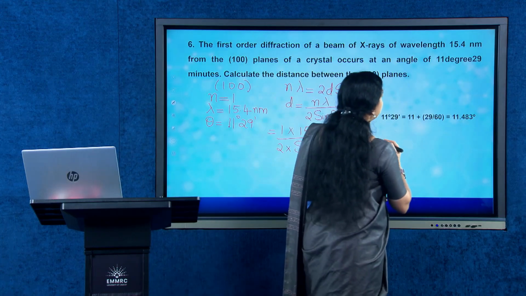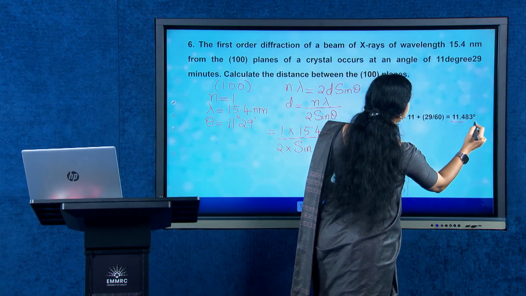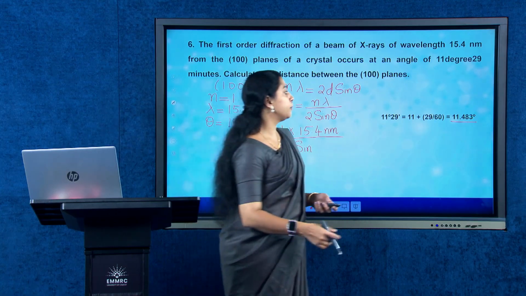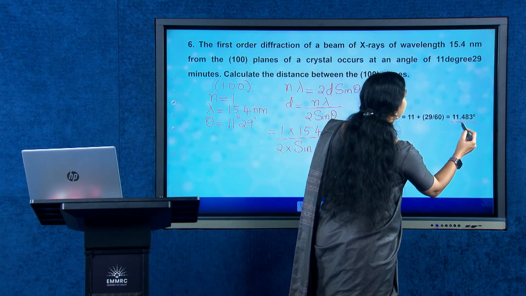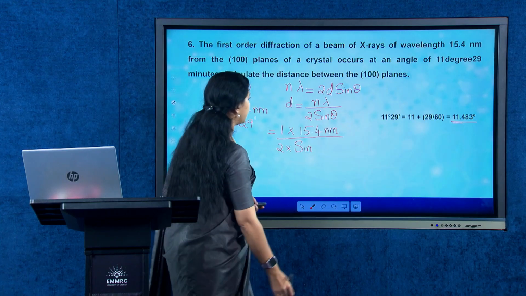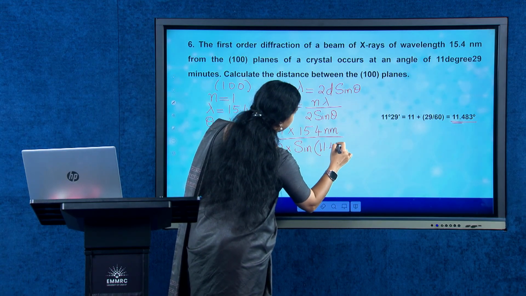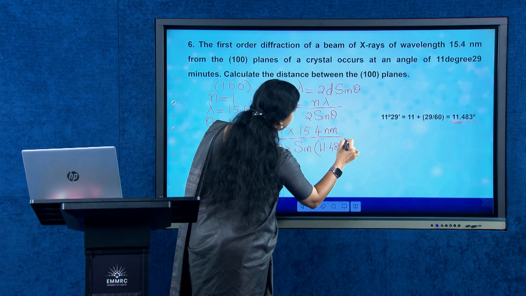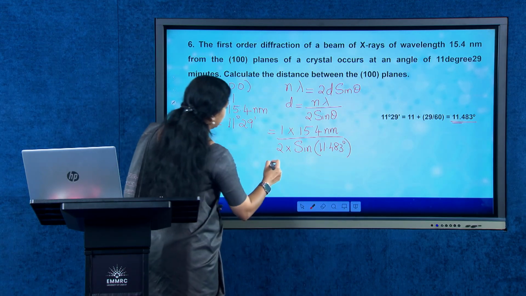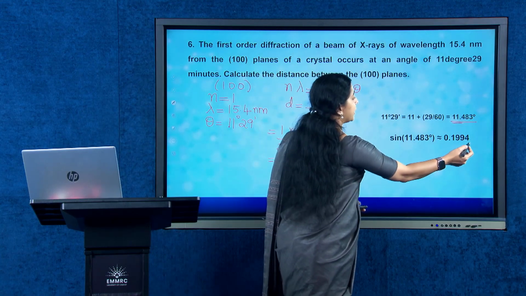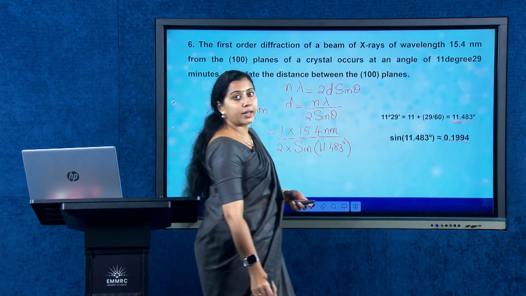So, 11 degree 29 minutes can be converted to degrees like this, that is 11 plus 29 by 60. So, that will be 11.483 degree. So, sine 11.483 degrees is equal to 0.1994.